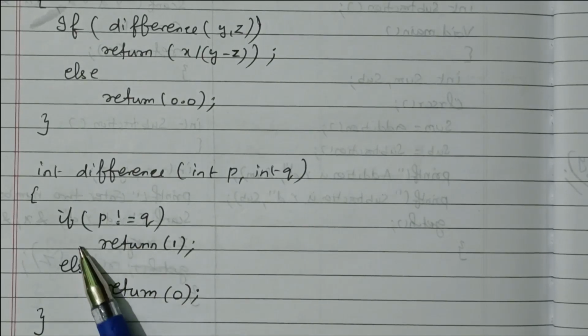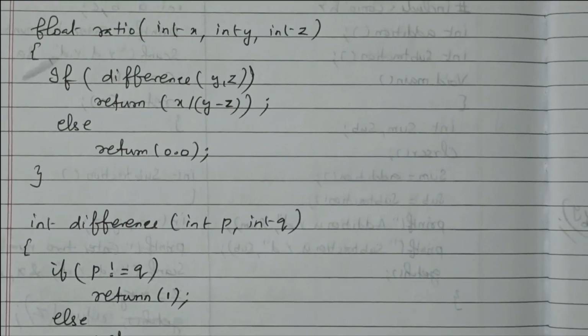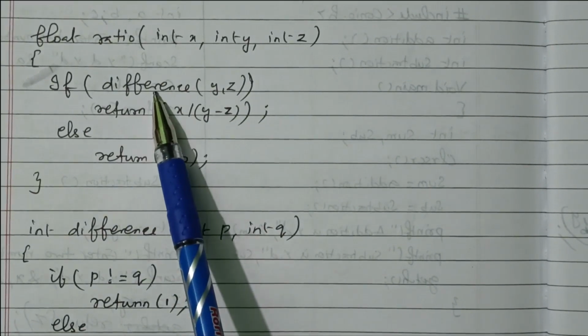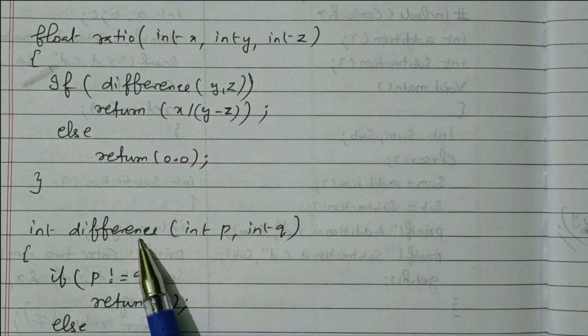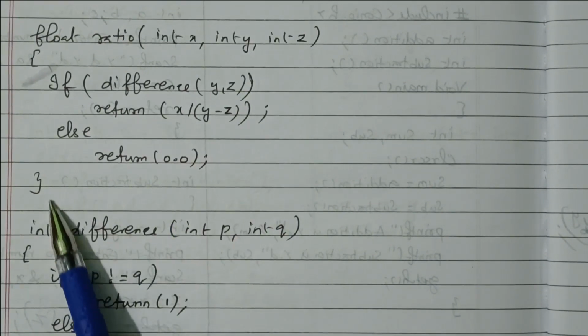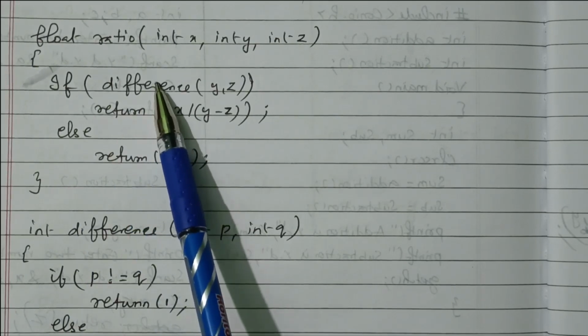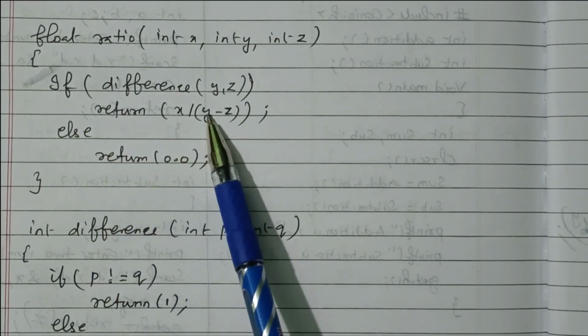Now this control will transfer again to the previous function, that is ratio. Right? From difference, the control will transfer back. After this return value, again it will go to this place. So if 1, this statement will be executed.